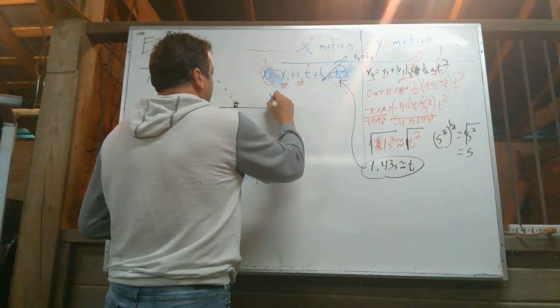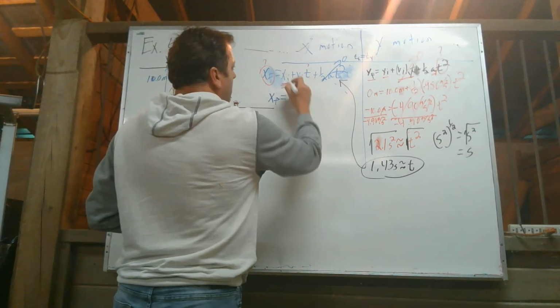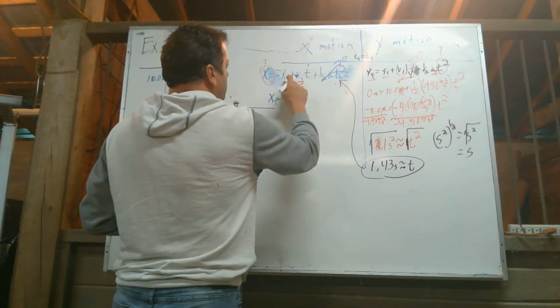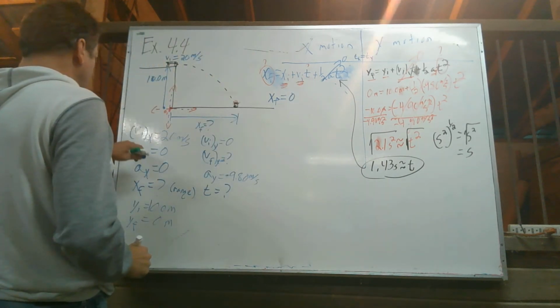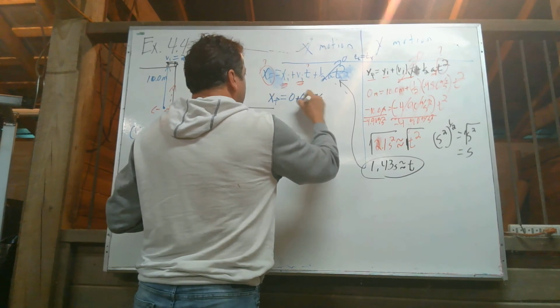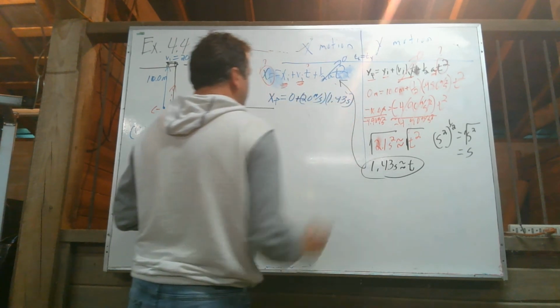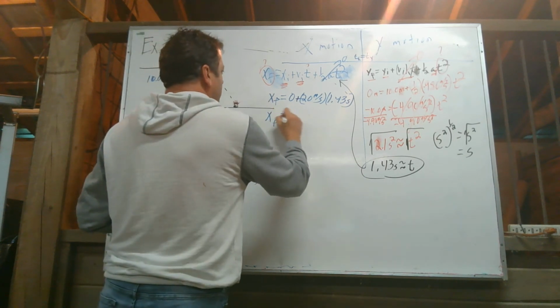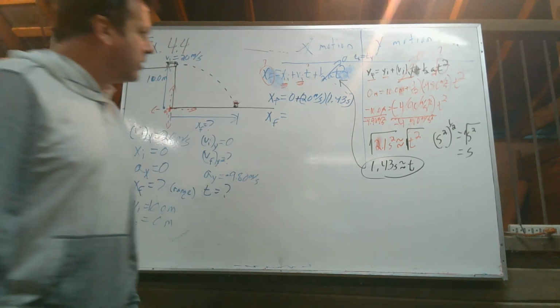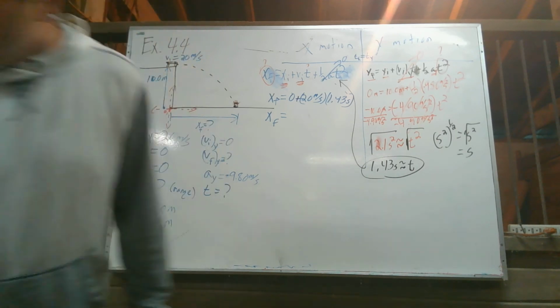So x final, x initial is 0. And the initial velocity is 20 meters per second, and the time is 1.43 seconds. So that means x final is 20 times 1.43, what is that, 28.6?